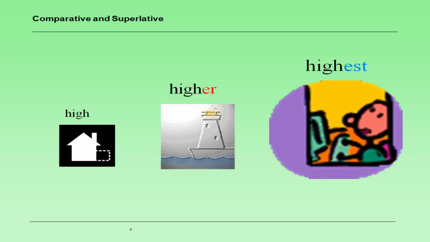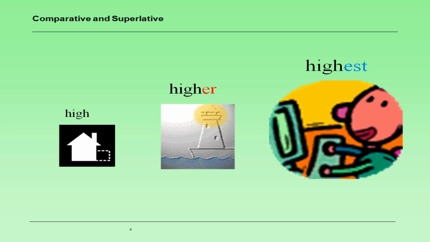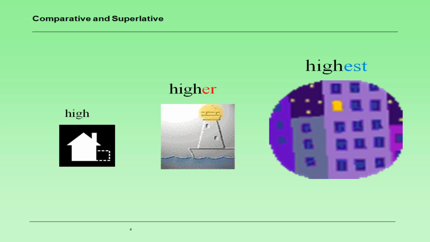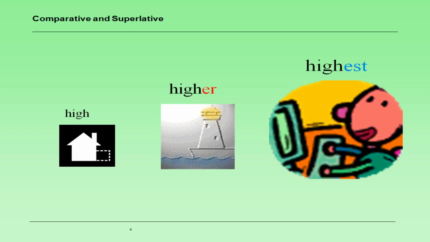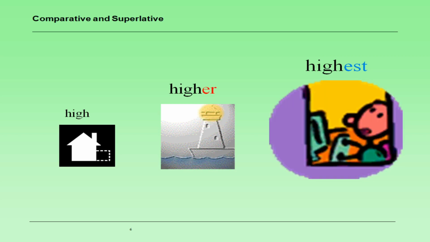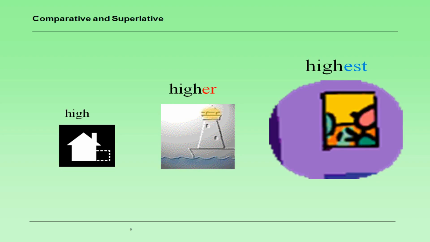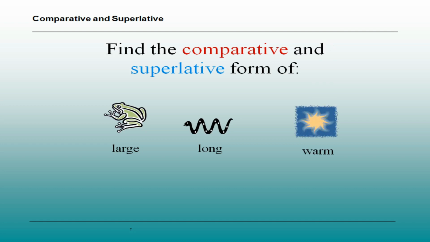Here also, after the comparative higher, we use than when we write sentences, and we use the before we write the superlative form highest. Then find the comparative and superlative form of large, long, warm.